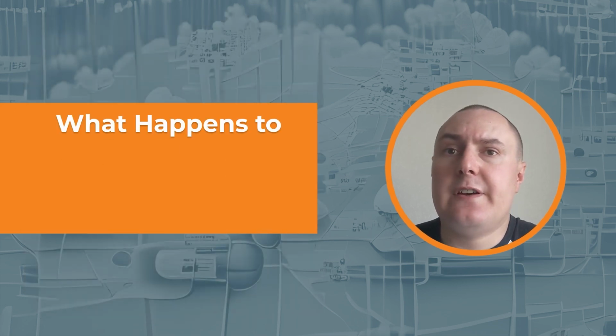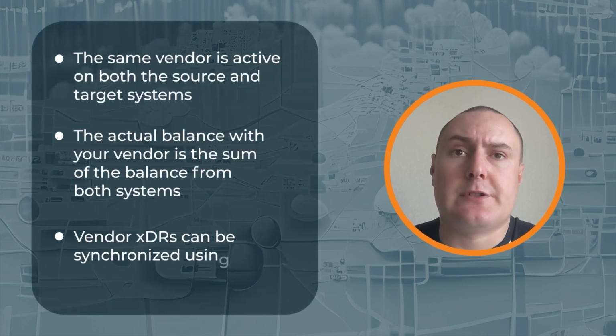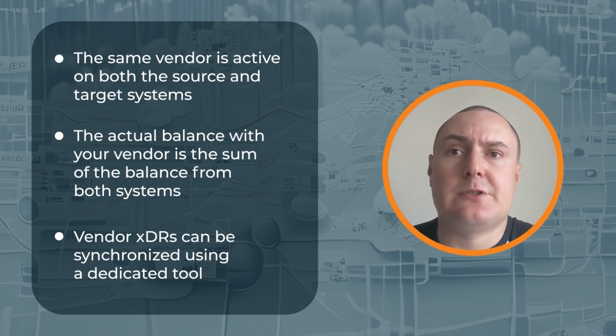What happens with the vendor and its balance in Dual Version PortaSwitch? The vendor configuration is duplicated in Dual Version PortaSwitch. This means that the same vendor is active on both your source and target systems. The balance of the vendor is split between two systems.